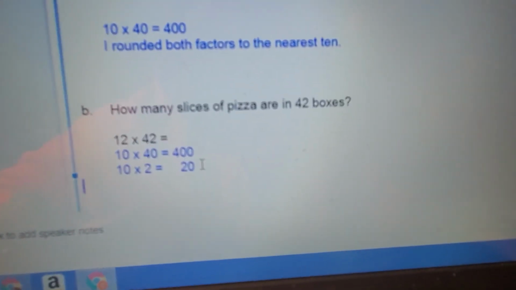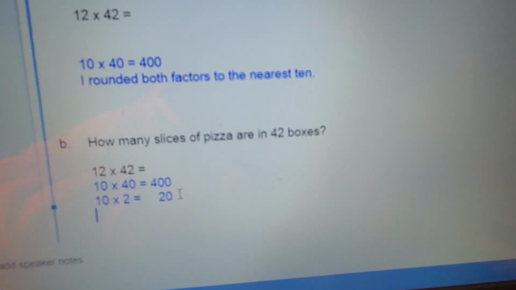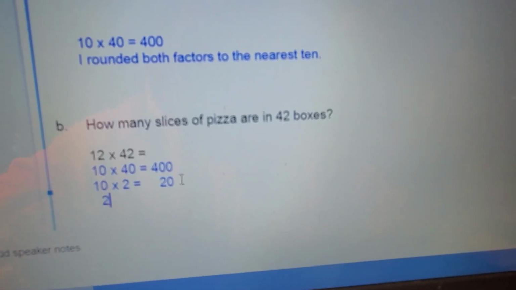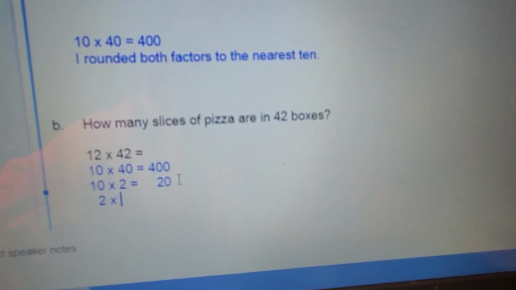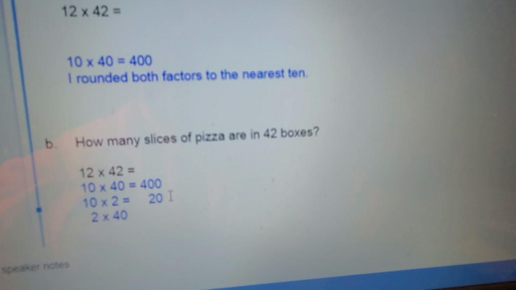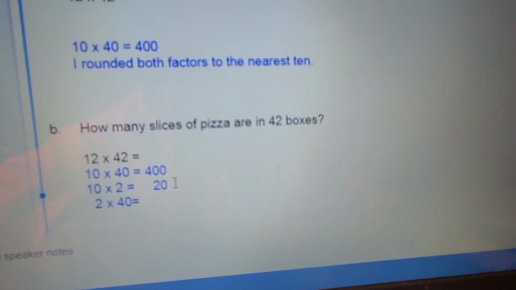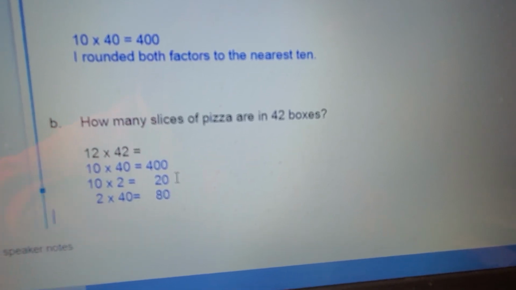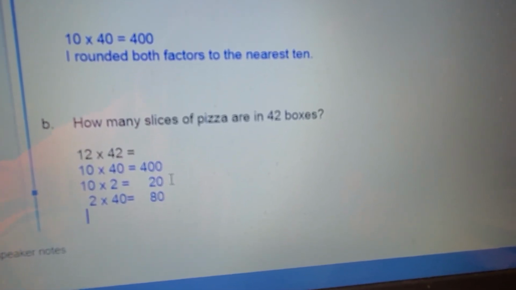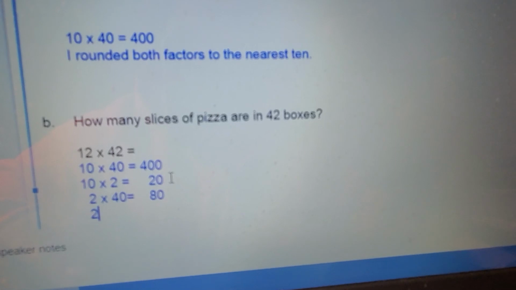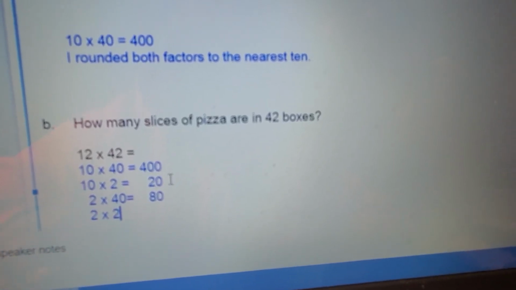And then I do 2 times 40, which is equal to 80. And then 2 times 2. Well, that's equal to 4.